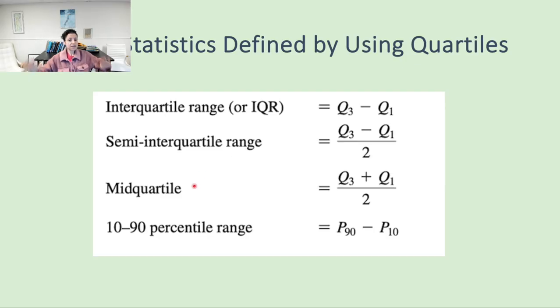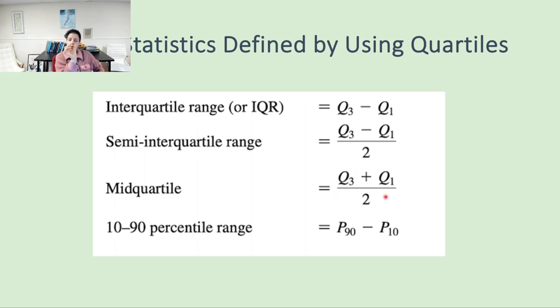We can also find the mid-quartile. The interquartile range is the distance between these two values. With the mid-quartile, what we want to know is what is the value that sits in the middle between the first and third quartile? Instead of subtracting, because we're not looking at the distance, we're just looking at the actual values, we add the third quartile to the first quartile and divide by 2.